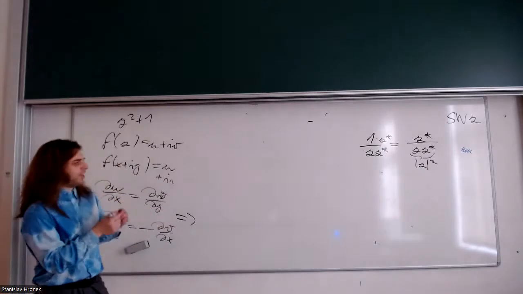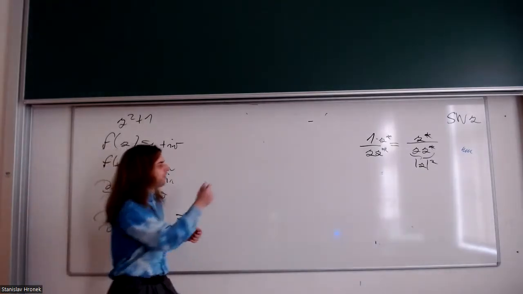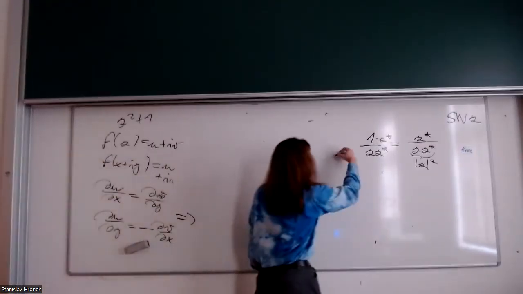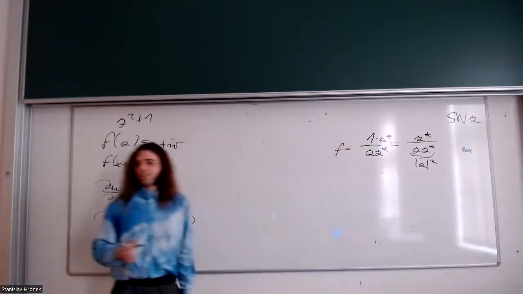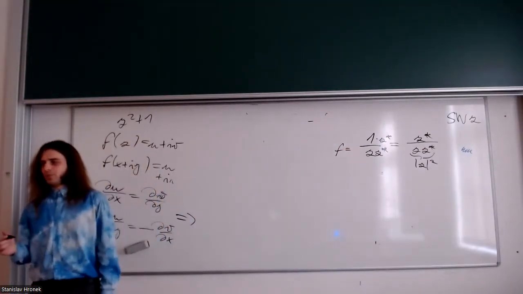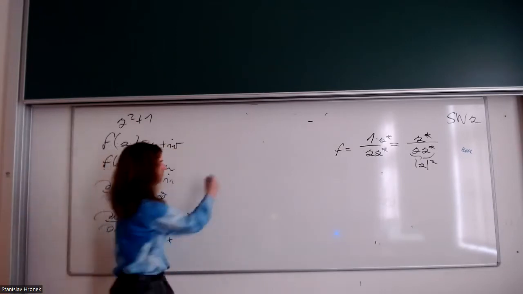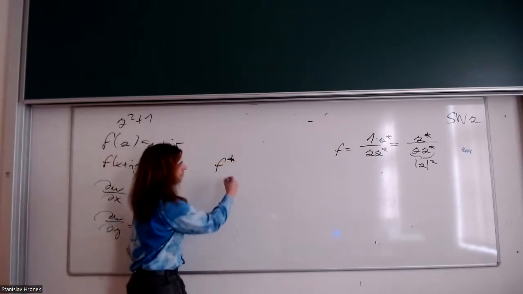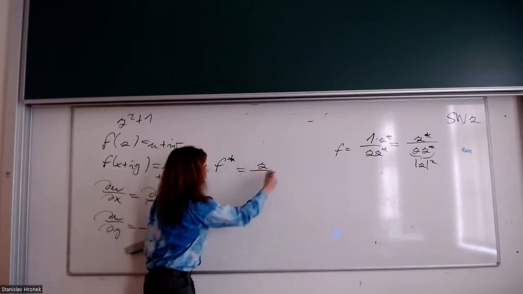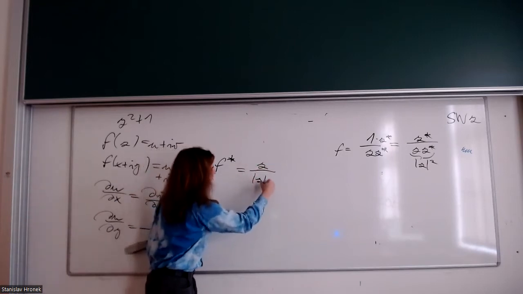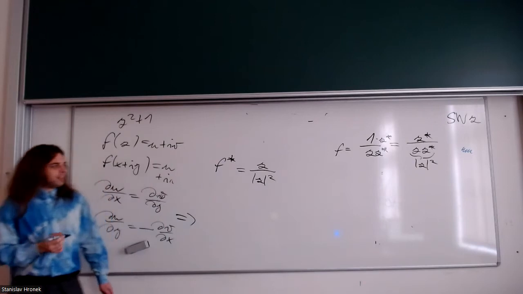So what I now see is that if I grab this function and make a vector field which corresponds not to this function, but to the complex conjugate of this, I will get something like z over magnitude z squared.